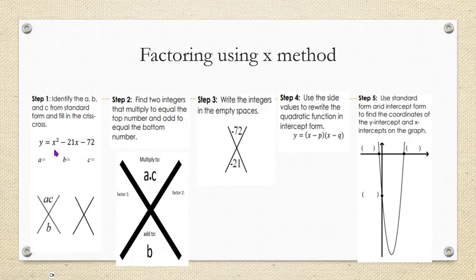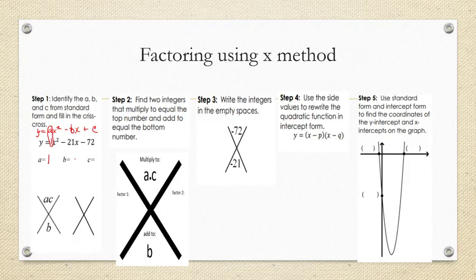In this problem here, we have y equals x squared minus 21x minus 72. You want to identify your A, B, and C. Remember, this is in the standard form of a quadratic equation, ax squared plus bx plus c. Your A is 1. There is a 1 right in front of that x.